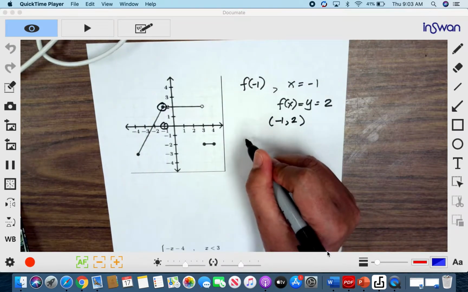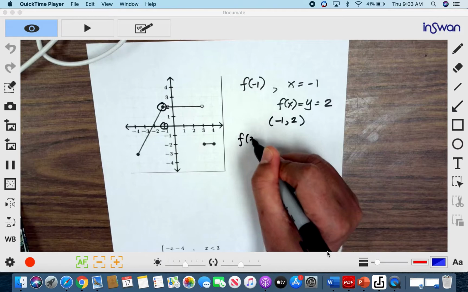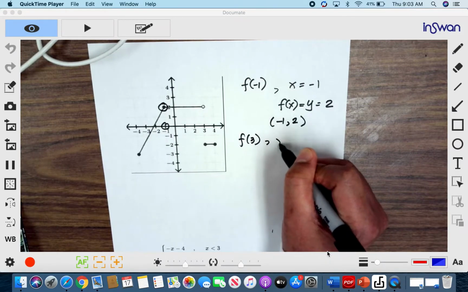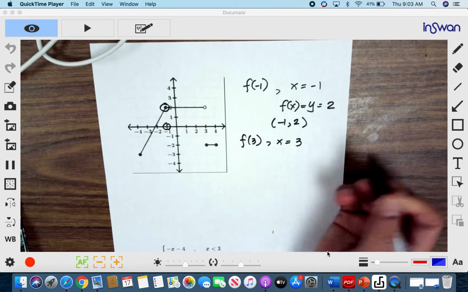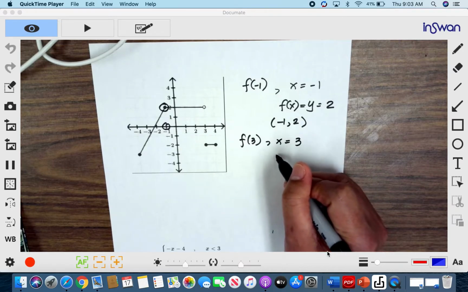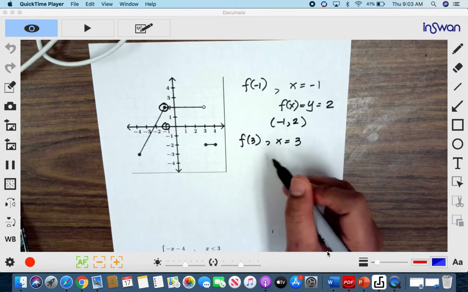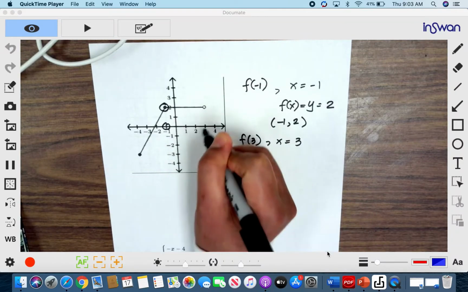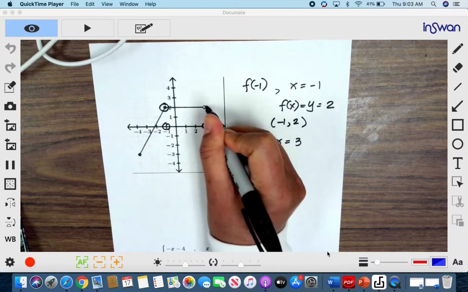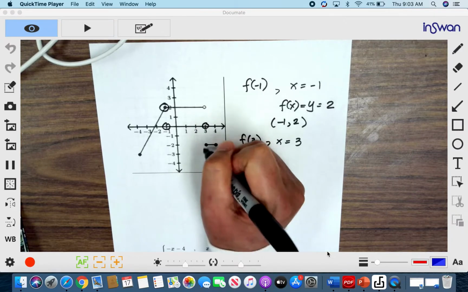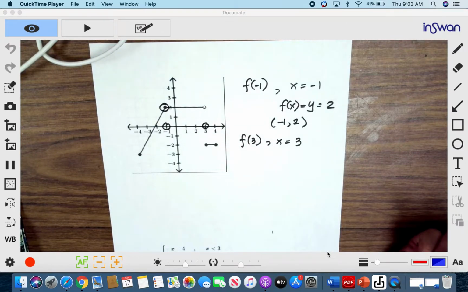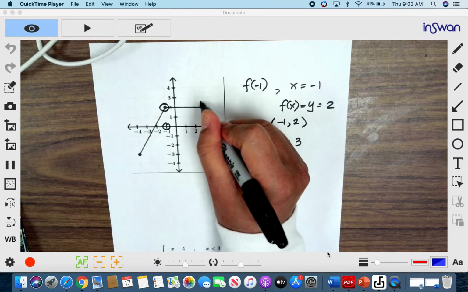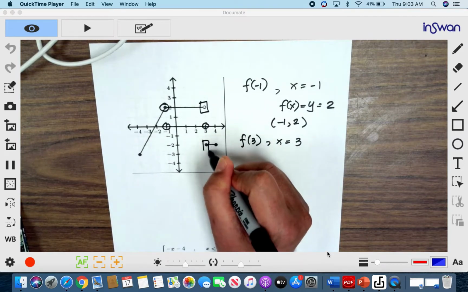Now, let's say, for example, you're asked to find what is f of 3. Again, this means that x is equal to 3, and you are trying to find f of x or y. Go first to the horizontal direction of your graph, and it's actually here. You would see two situations where y will be given: a hole and a dot.